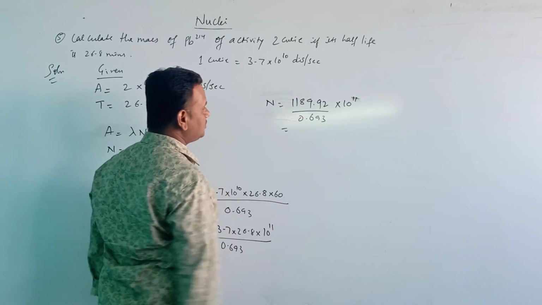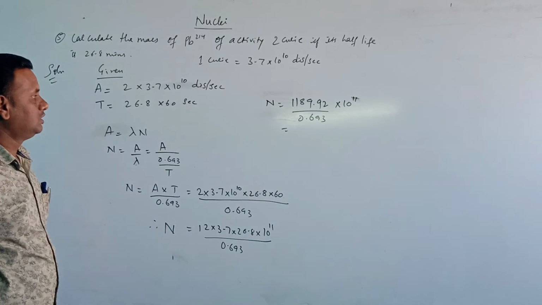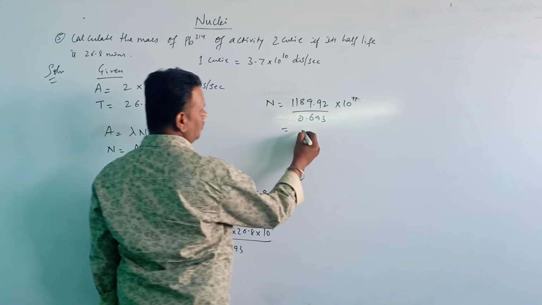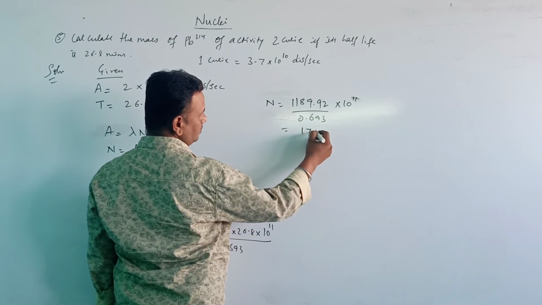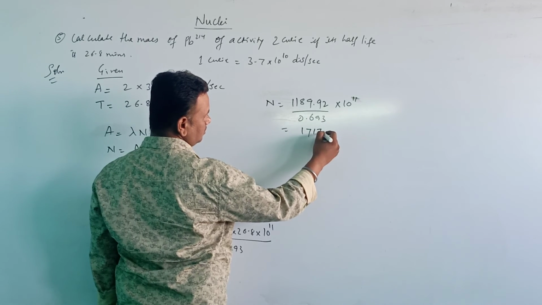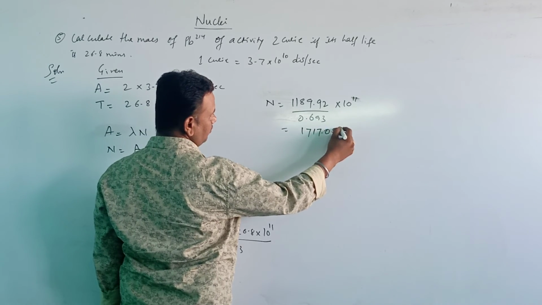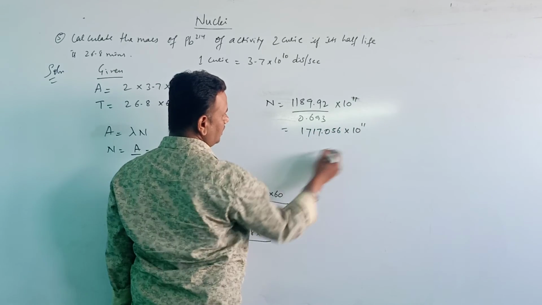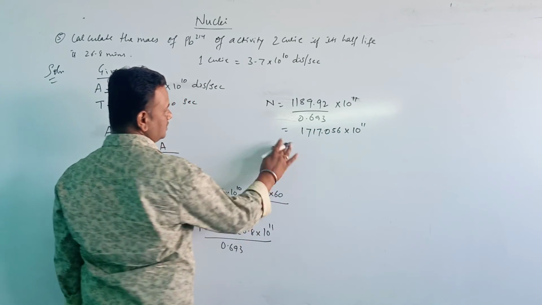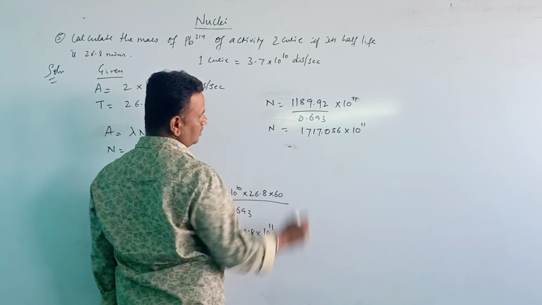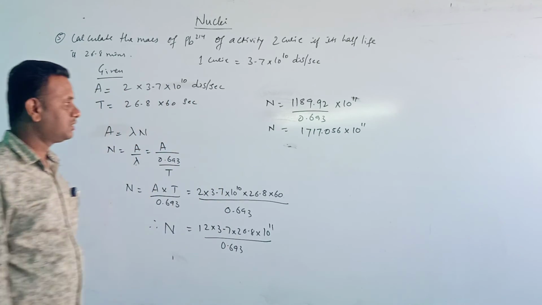So after dividing, how much are you getting? 17.056 into 10 to the power of 11. This is the n value.